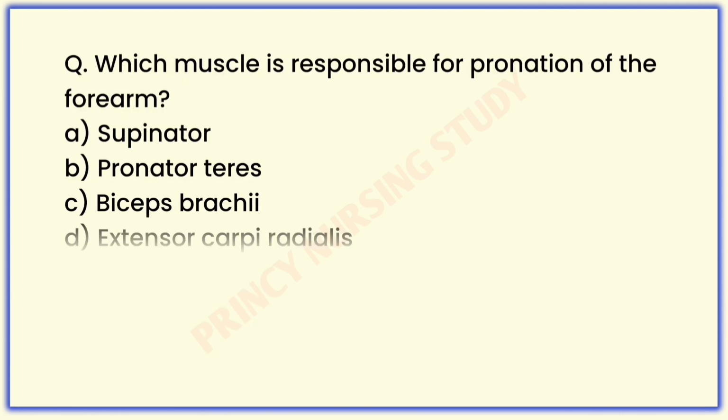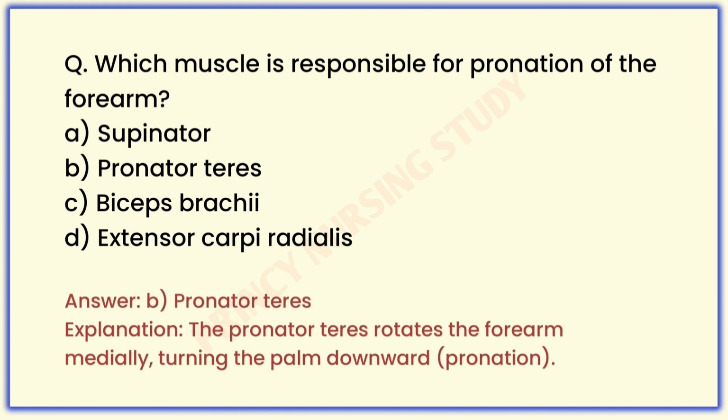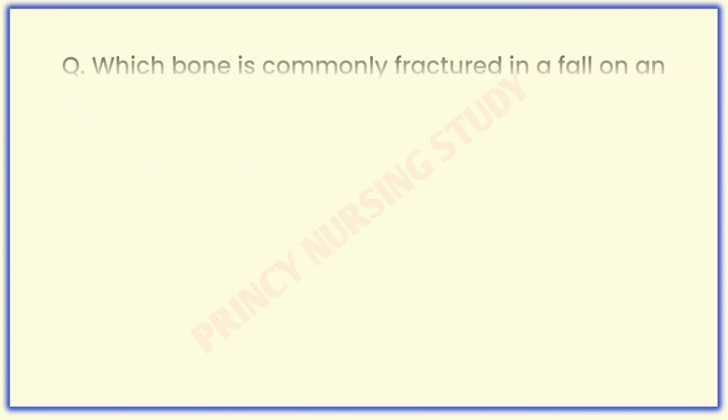Next question. Which muscle is responsible for pronation of the forearm? Correct answer is B. Pronator teres. The pronator teres rotates the forearm medially, turning the palm downward, pronation. Next question.